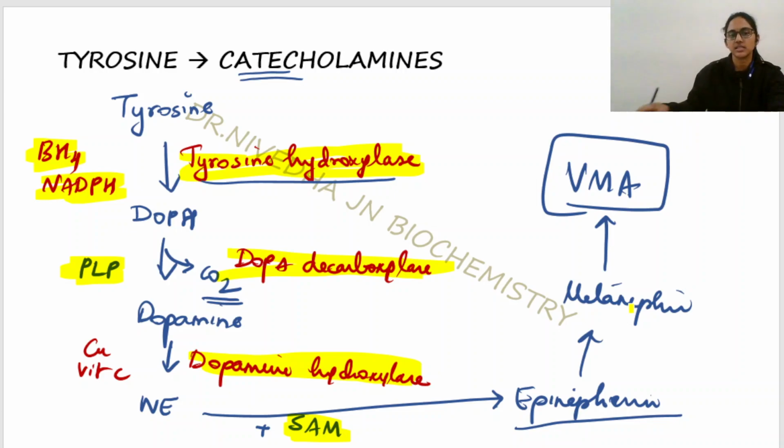Yes. So this is how the catecholamines dopamine, norepinephrine and epinephrine are synthesized from tyrosine.